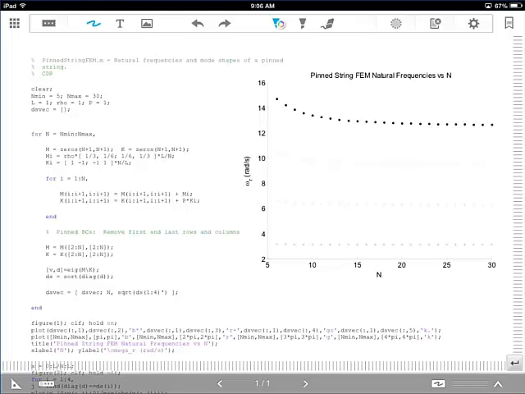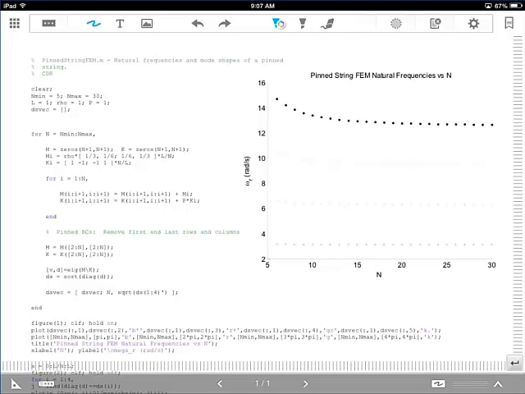Anyway, so let's get started with these examples of using the finite element method. The first one is a pin string, so it's exactly what you think the pin string should be. It's the second order system that has pinned at either end, and this is the code that actually put it together.